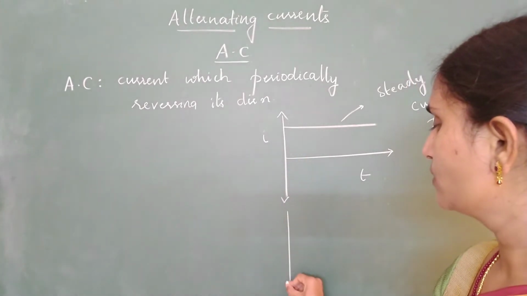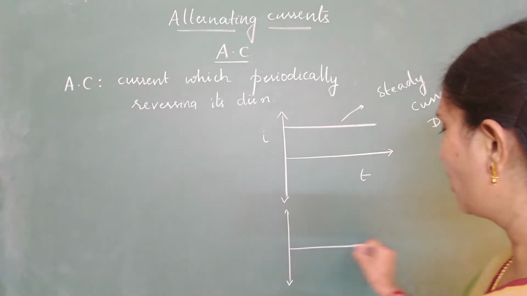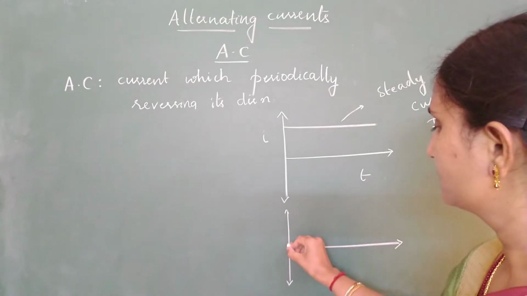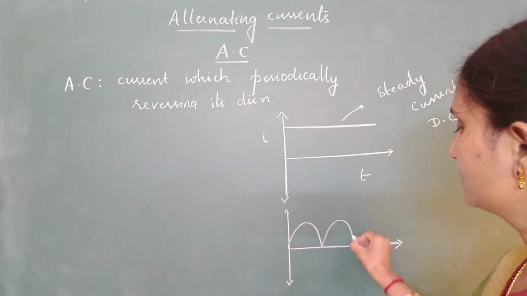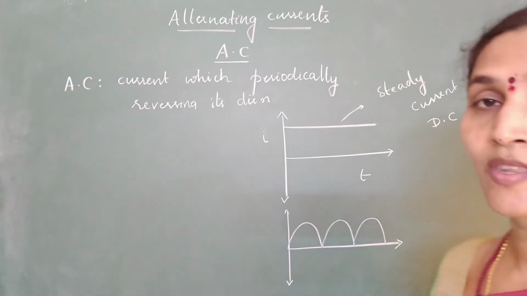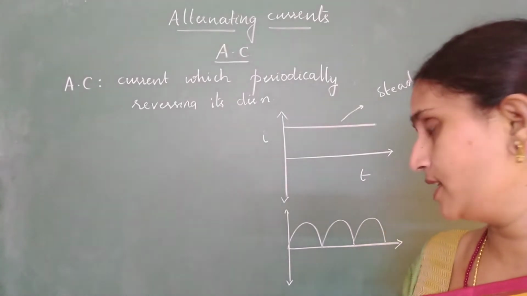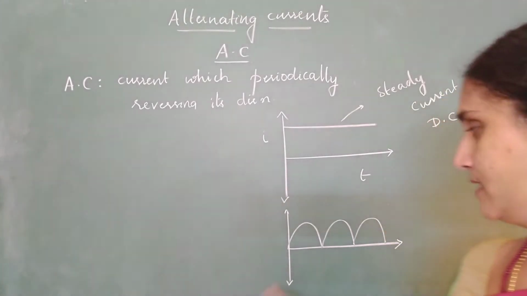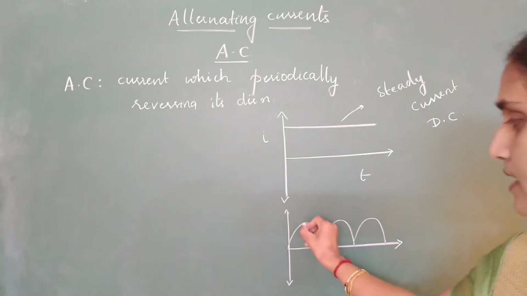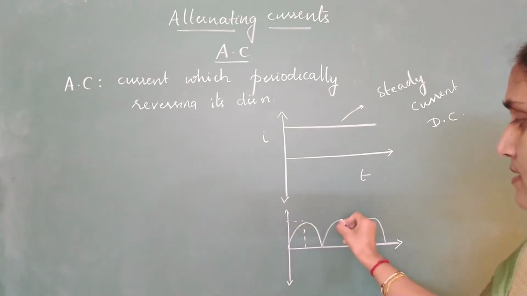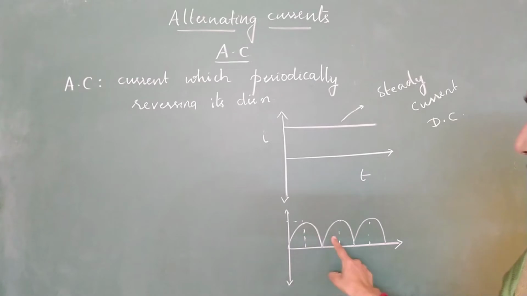Sometimes they will ask you, what should we call this type of current? What name will you give this? Is it AC or a DC? Look at the values. It has a constant amplitude, but it is not reversing its direction at regular intervals of time.